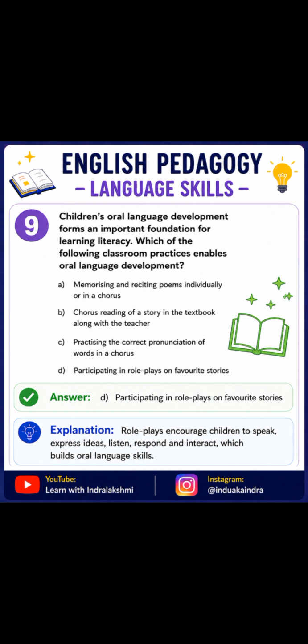Option D, participating in role plays on favorite stories. If you see here, the question is about children's oral language development. So, option D, participating in role plays on favorite stories would be the correct answer. Because role plays encourage children to speak, express ideas, listen, respond, and interact, which builds oral language skills among the learners.